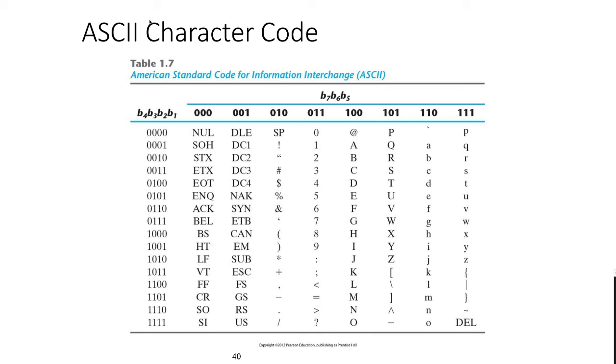Well, what they use is ASCII code, and the basic idea is that here's the binary representation of that, and in this case we have 4 bits representing these different symbols and characters.